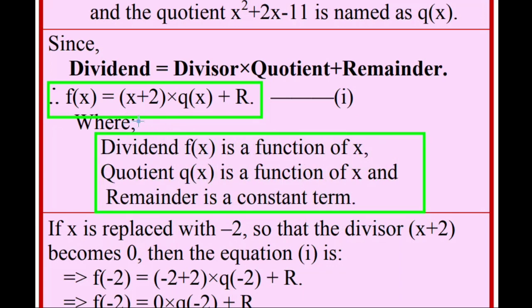Here I have said that the degree of divisor is 1, hence the degree of remainder is 0. So remainder here is a constant term.